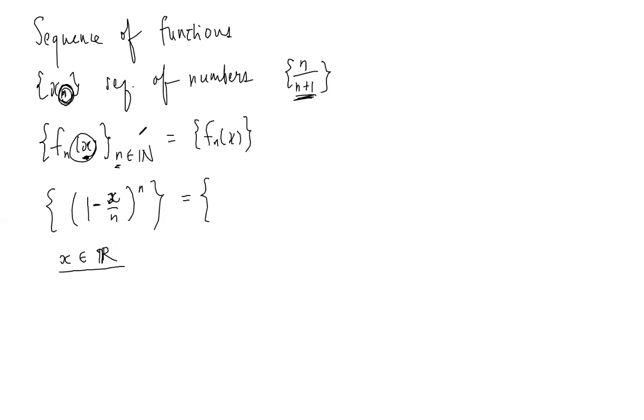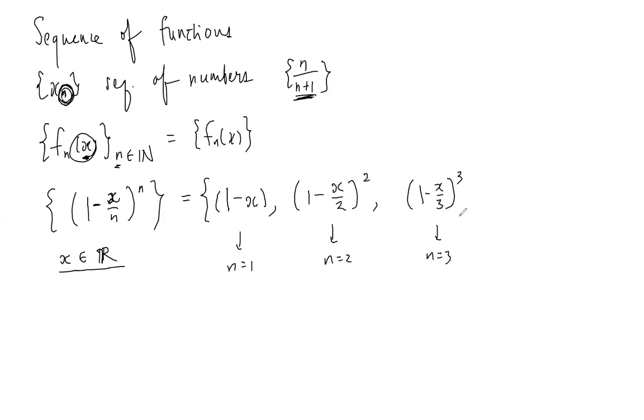When n is equal to 1, it will be 1 over x. When n is equal to 2, it will be 1 minus x over 2 to the power of 2, and then 3, and so on. So it is actually a sequence of mathematical functions.